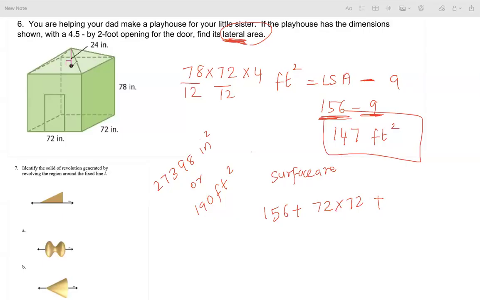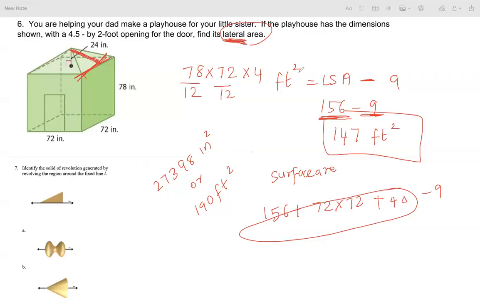For the triangle area, that's a little tricky. This is your slant height, you need to find out. That is the height of the triangle, and the base is 72. So you have to find the area of the triangle times 4, and add that. You add up all of this and then subtract the 9. Make sense?